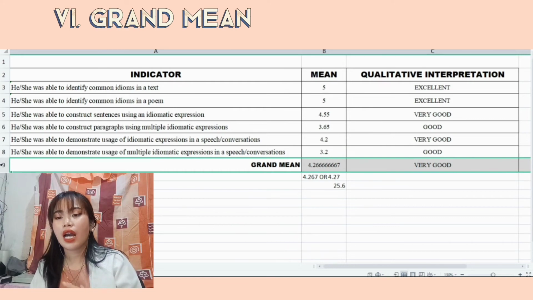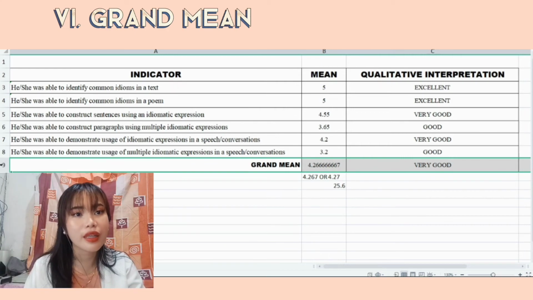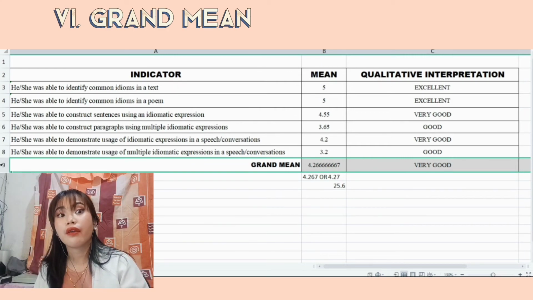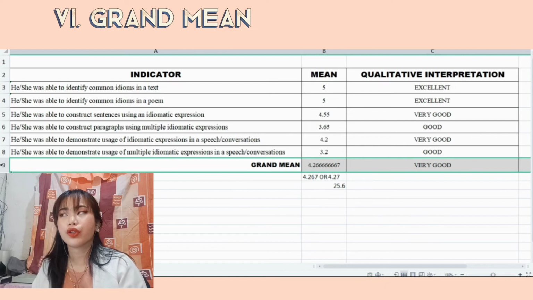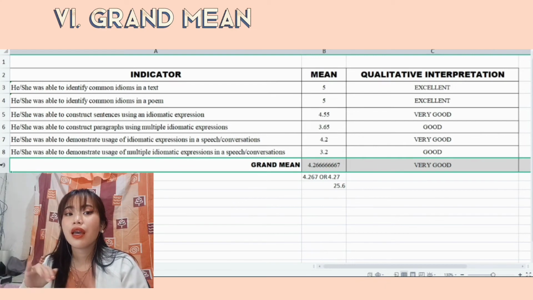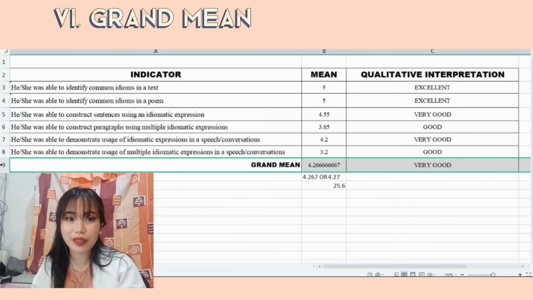You still have to divide it by the number of indicators, because how to get the mean is the same way you get the average. You add all of the numbers and then divide by the number of the numbers, right?